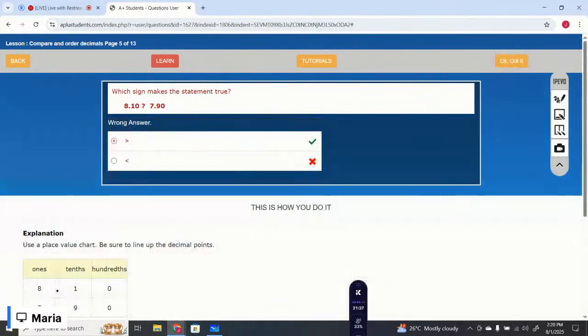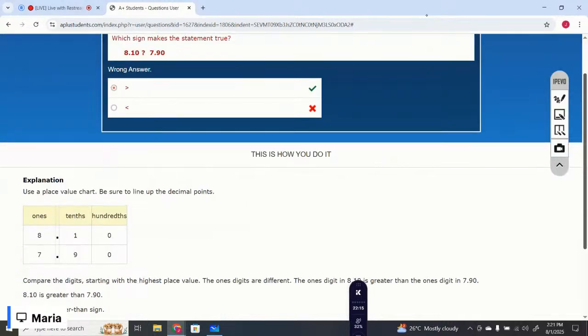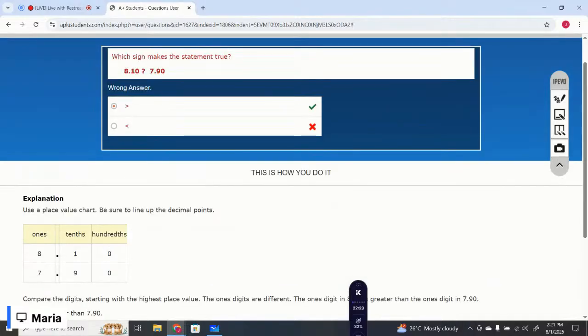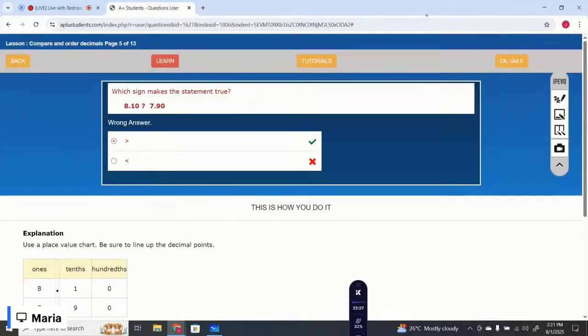Option number is the correct option. It is greater and I selected the greater sign. 8.10 is greater than 7.90. Greater it is.